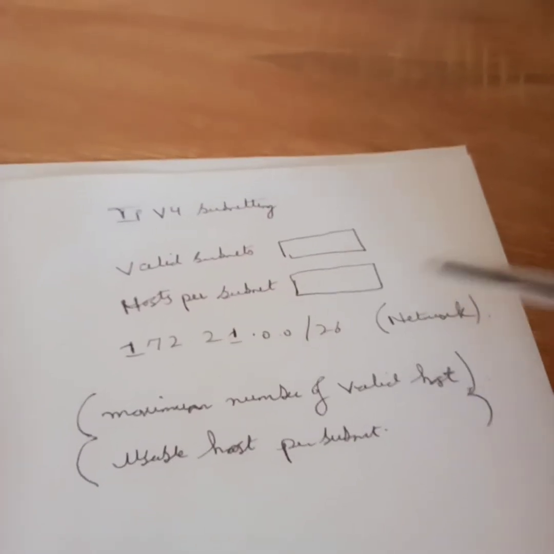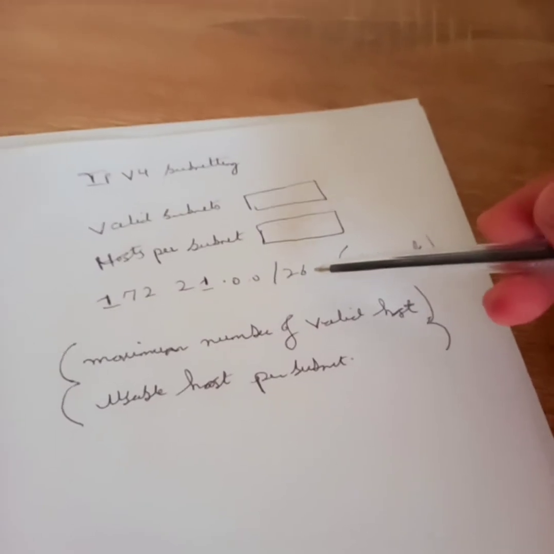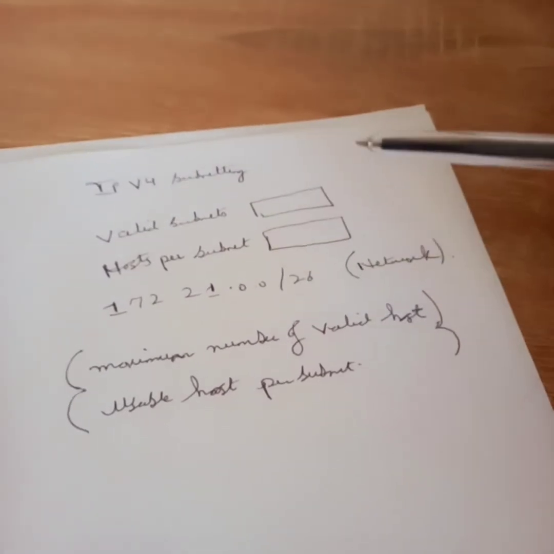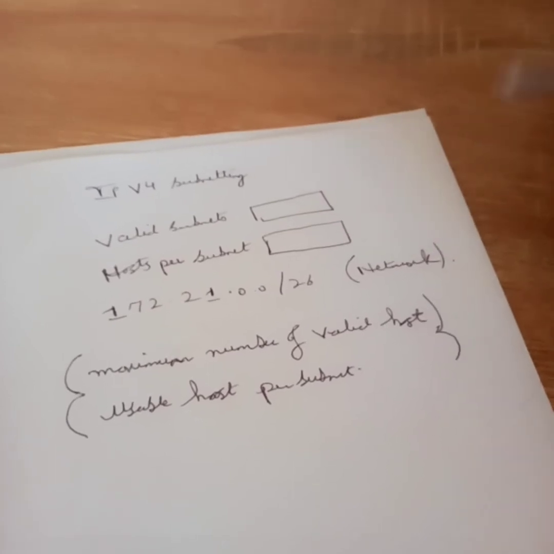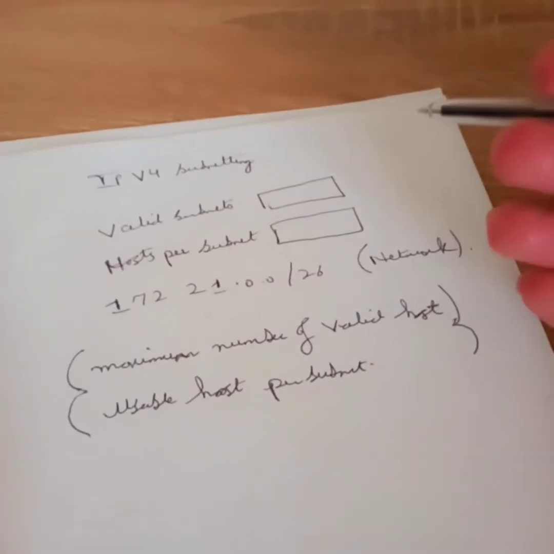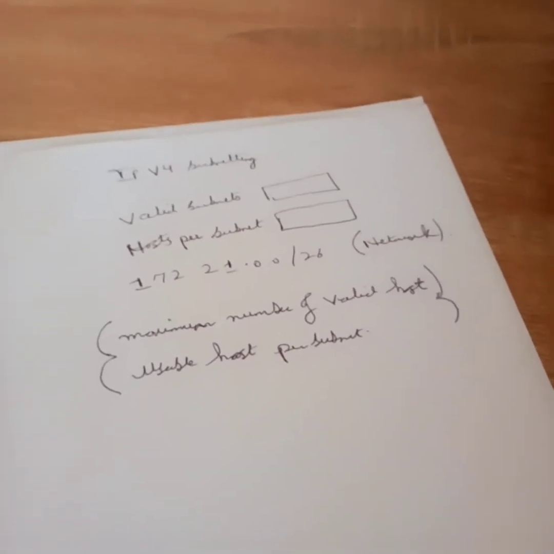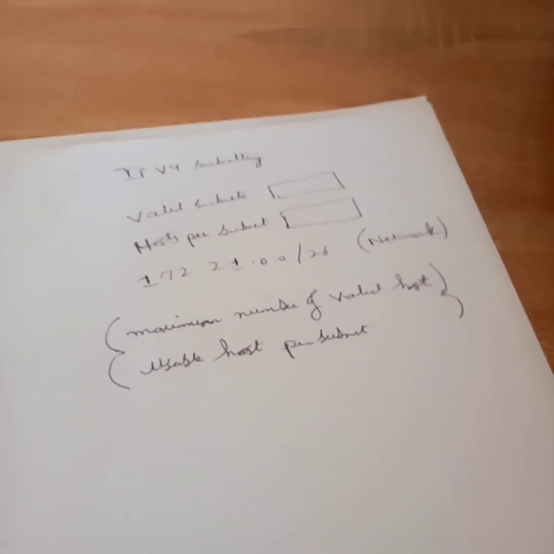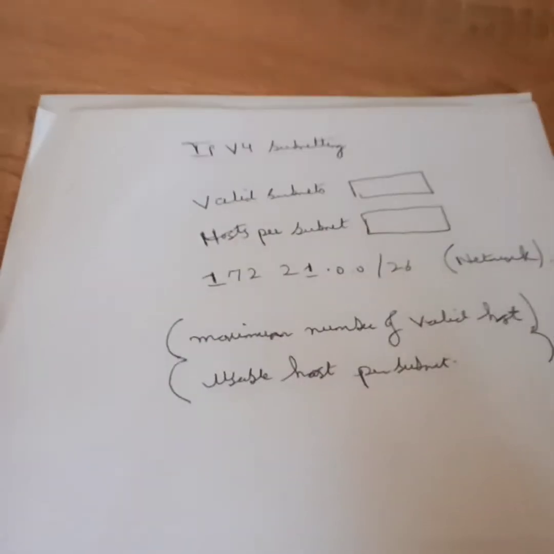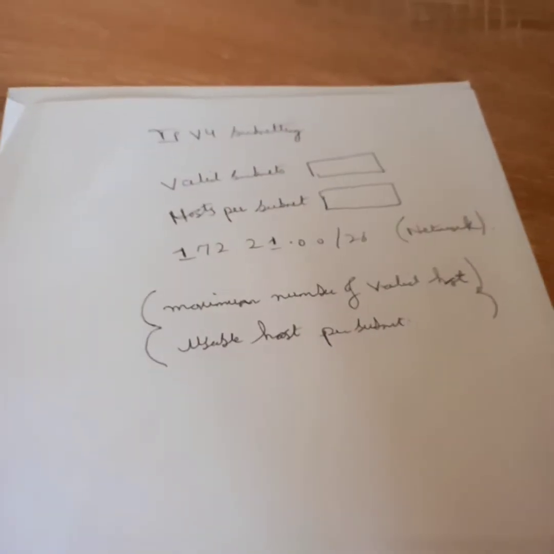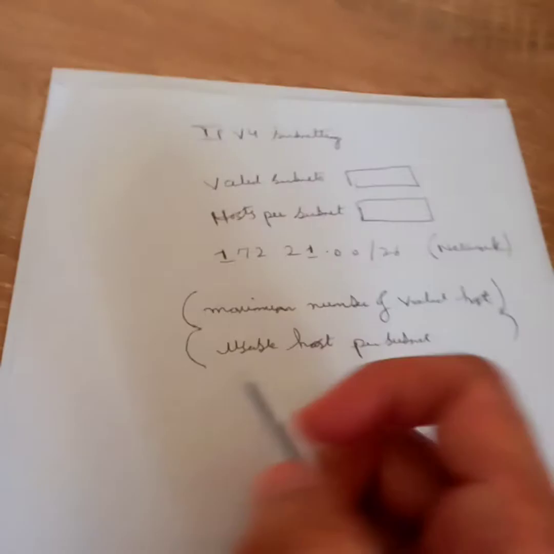Now the subnet mask is given on this side. Remember, /26 is your subnet mask, which is called prefix notation, and the other form is called dotted decimal notation. There are so many statements involved with that one, so I'm going to try to simplify it.